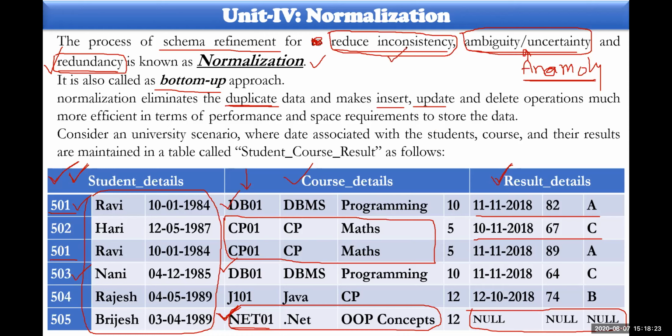Look at this inconsistency. What does inconsistency mean? Let me take some other color, then this is very easy to understand. 501, his date of birth will be there here. This is the date of birth. If this particular date of birth and the above date of birth are not the same, then obviously data inconsistency will be there, because a person has only one date of birth.